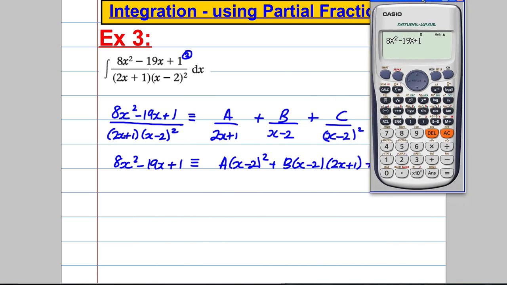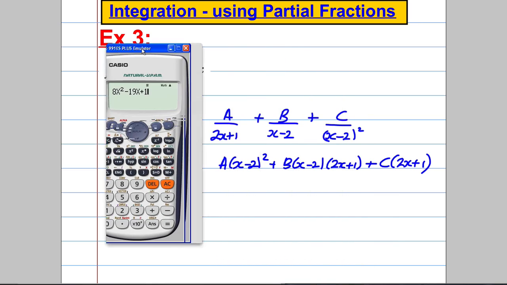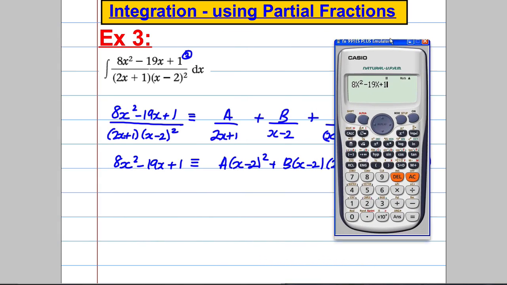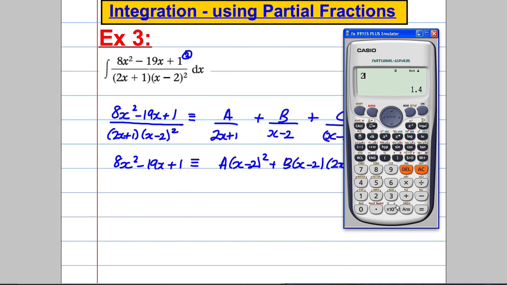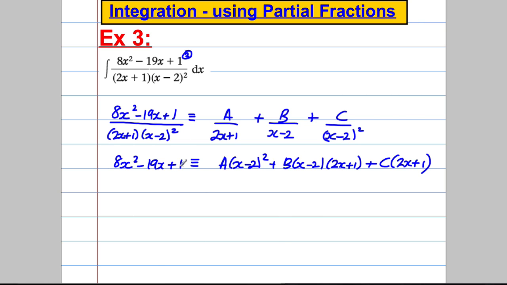And the first thing I'd substitute is x is 2. So calculate when x is 2, and I see I get negative 5. If I'm letting x equal 2, I get negative 5 is equal to, that would disappear, and this here would end up being 5C, and this tells me that C must be negative 1.